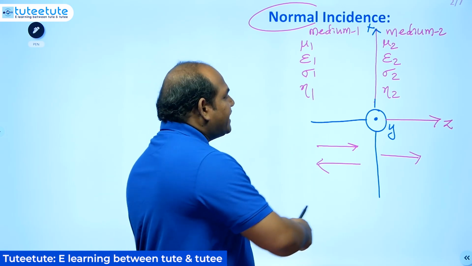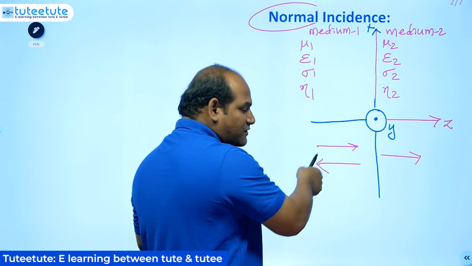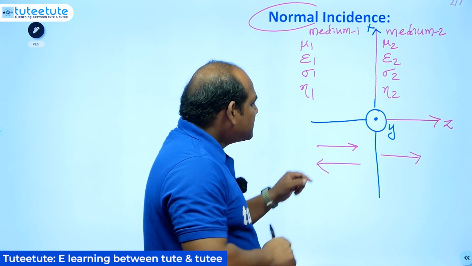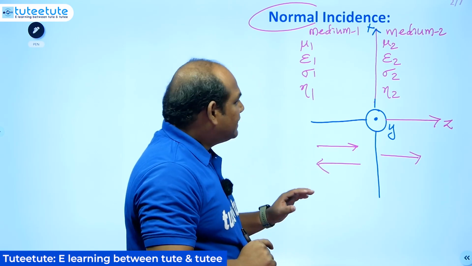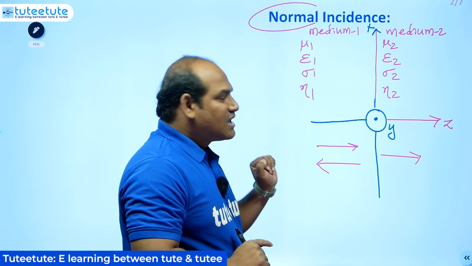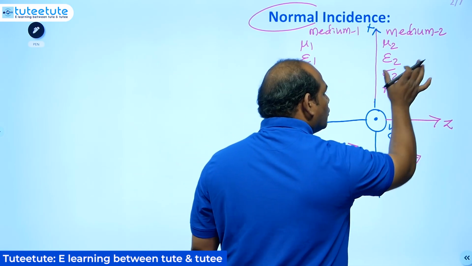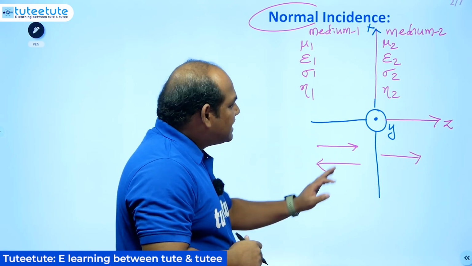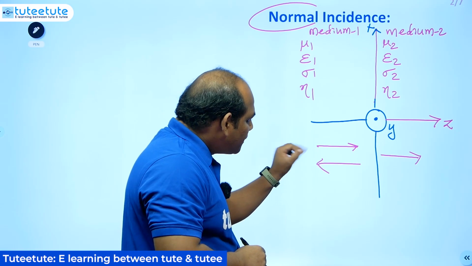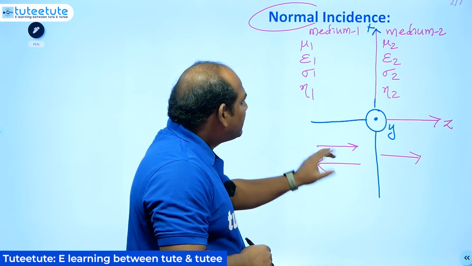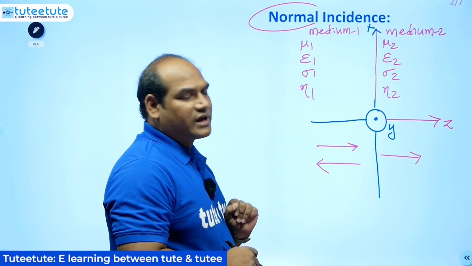That means in medium 1 we are going to deal with two electromagnetic waves, the incident wave and the reflected wave, both available in medium 1 only. The transmitted wave is related to medium 2, that is the impedance eta 2, and the incident and reflected waves are related to eta 1 because of medium 1.